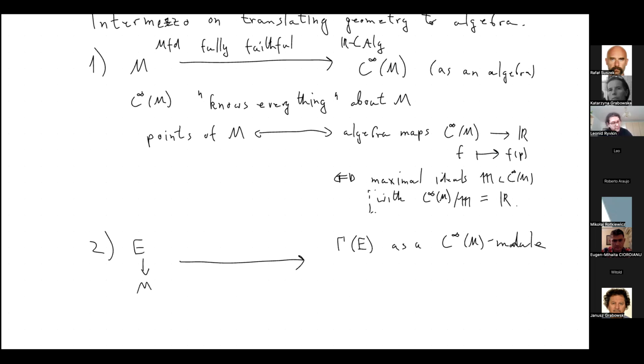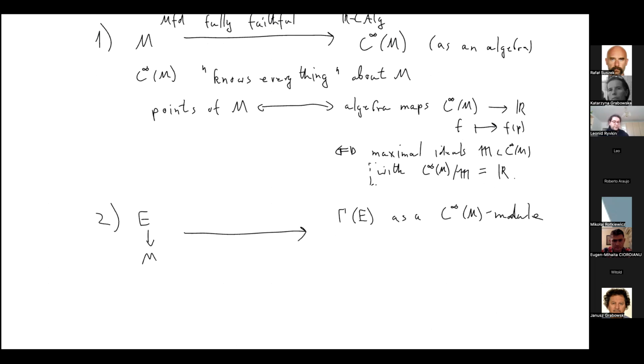This is also fully faithful. So we can reconstruct the vector bundle essentially from the information of its sections.